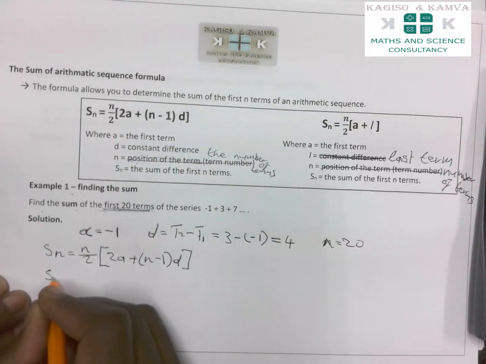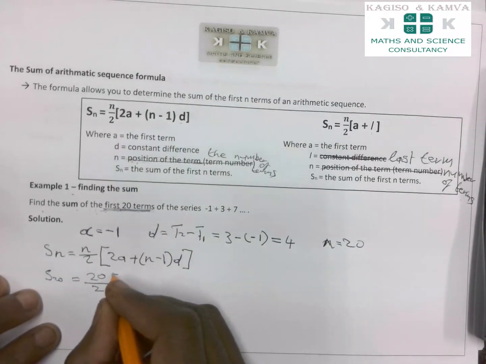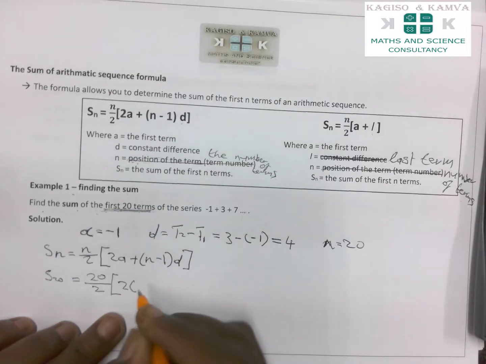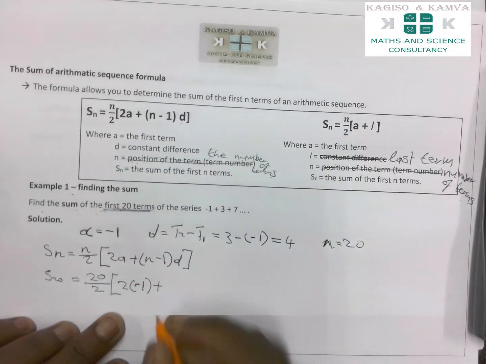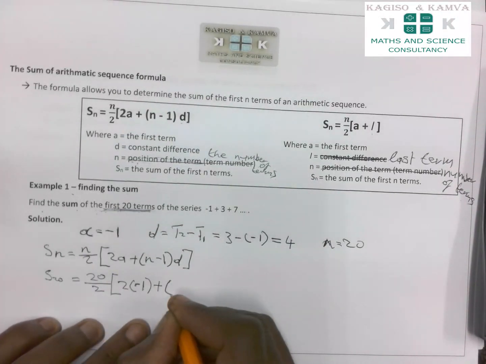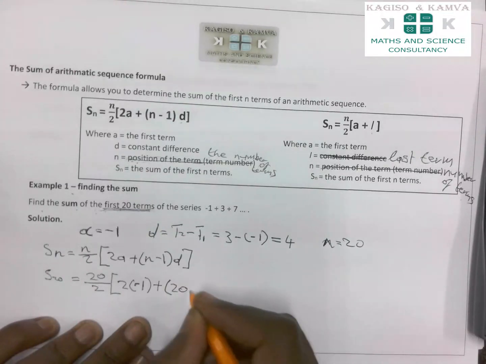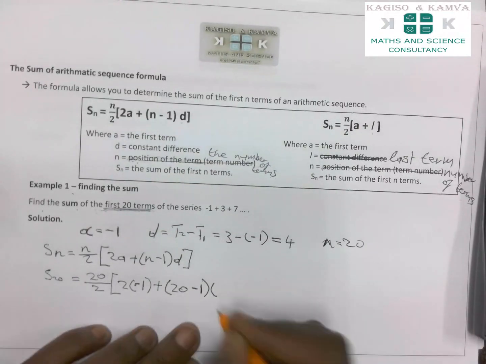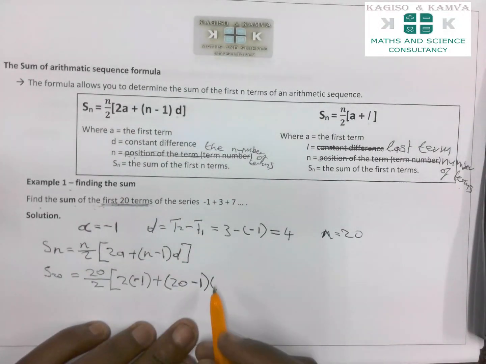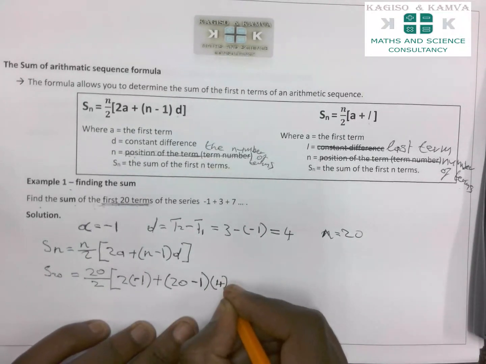So S20 is equal to 20 over 2 into 2 times a, where a is negative 1, plus n minus 1, which is 20 minus 1, times the constant difference, which is 4.